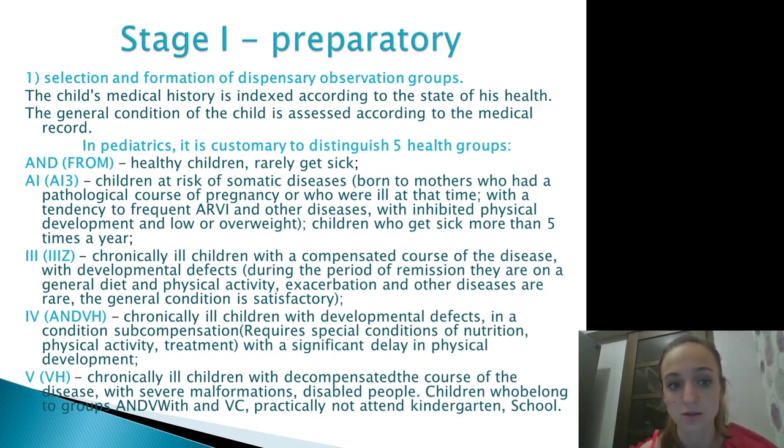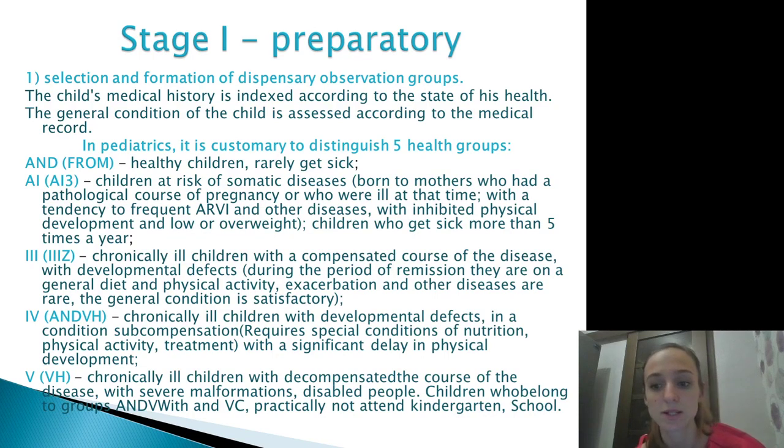First, healthy children who rarely get sick. Second, children at risk of somatic diseases, born to mothers who had a pathological course of pregnancy, with a tendency to frequent ARVI, yes, respiratory viruses and other diseases, with inhibited physical development and low or overweight.